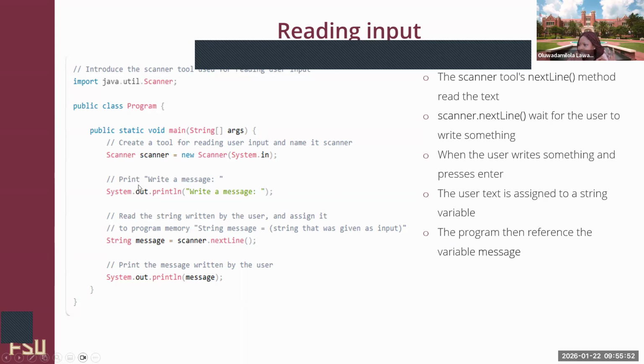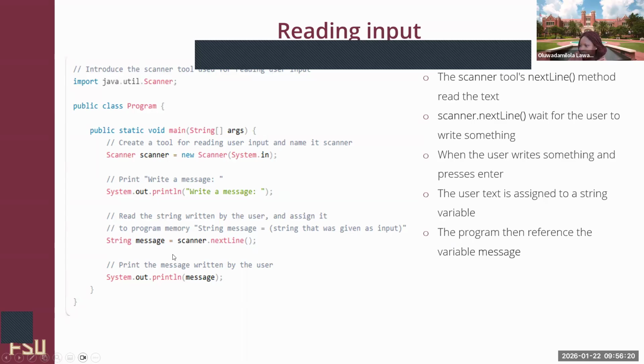This command tells the program, I want you to write a message. So you're prompting the user, and this would display "write a message". And you're calling this scanner that we opened here.